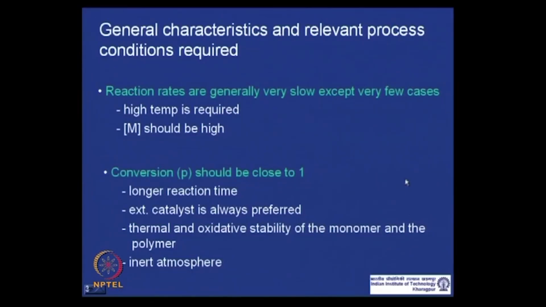Next, we know that to make a high molecular weight, P, the conversion, should be close to 1, and from our kinetics discussion we have seen that to have P close to 1, we have to continue the reaction for a longer time. There is no other alternate route by which we can achieve P very high, close to 1, without keeping the reaction going for a longer time.